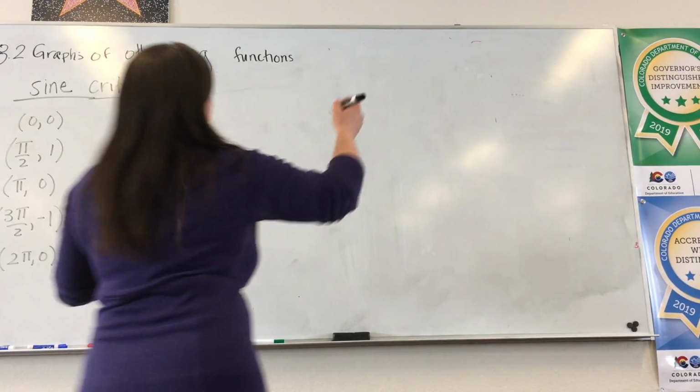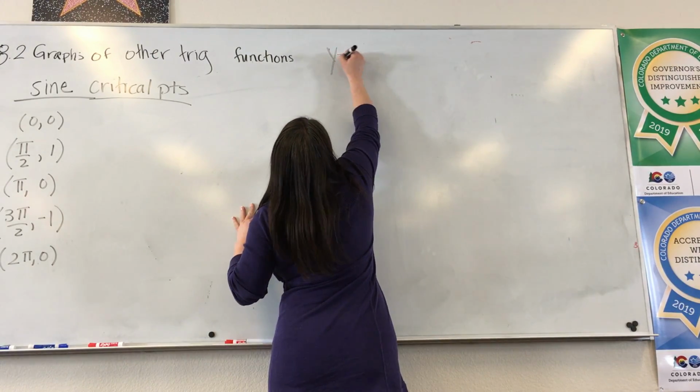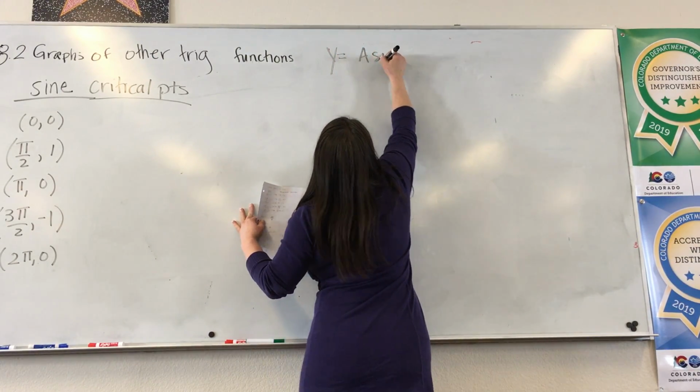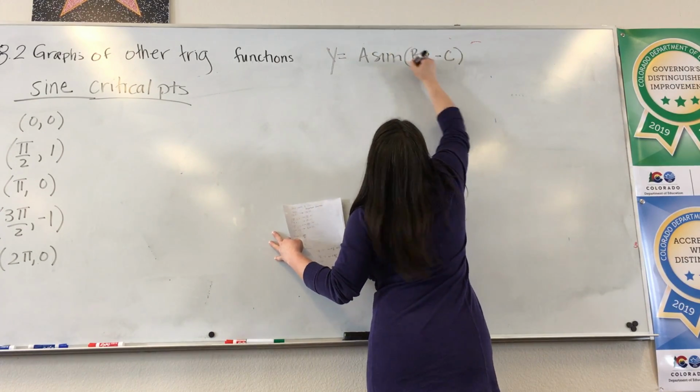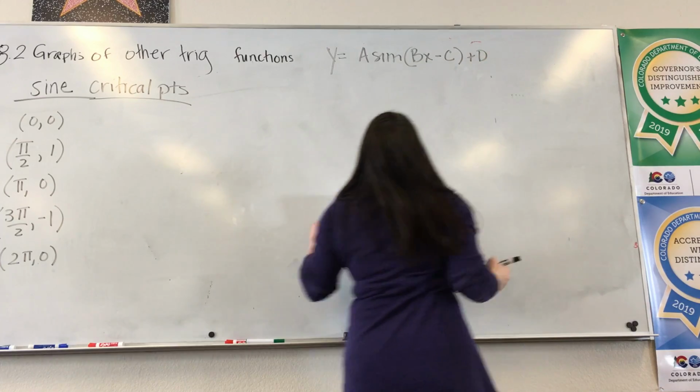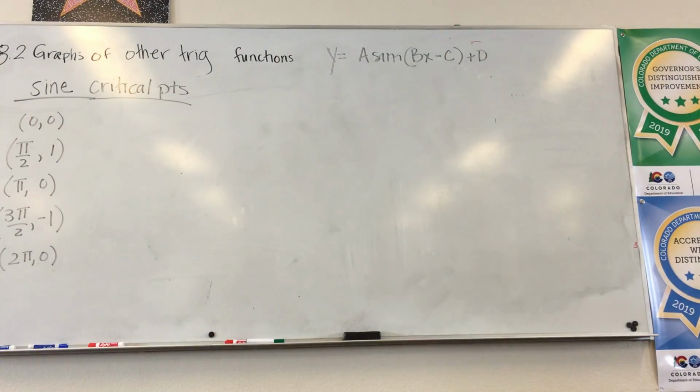When we have y equals a sine of bx minus c, plus d, remember the a is the amplitude. So if I have an a of 2, I'm going to put my point on y equals 2. My max is going to be y equals 2.